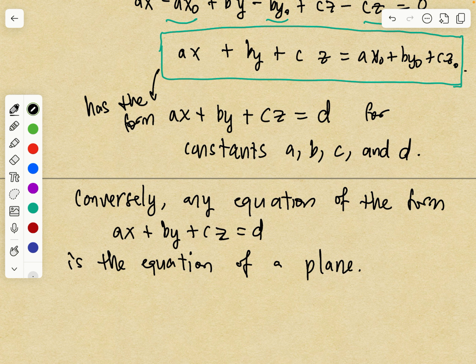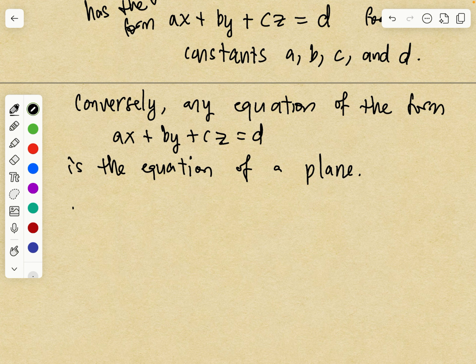Okay, why is that true? Let's see. Maybe we can just give a specific example. So for instance, let's say that you had x plus 2y plus 3z equals 5. What's the graph of this equation?